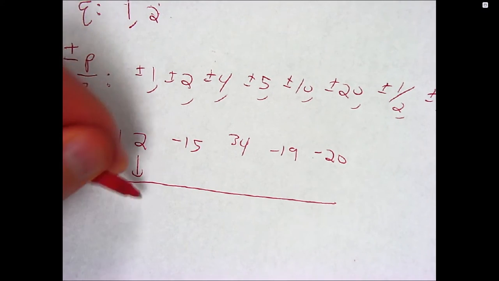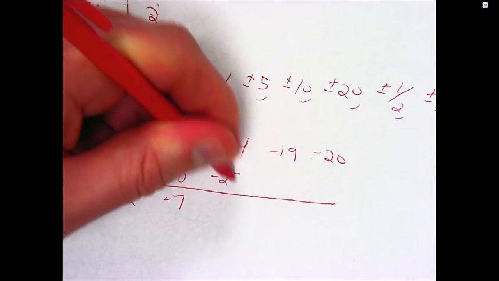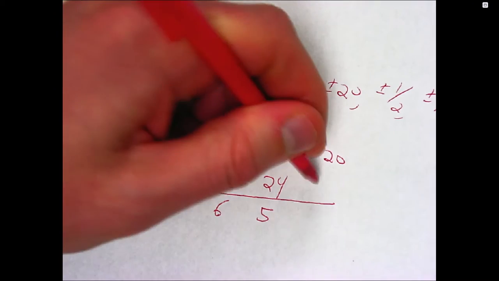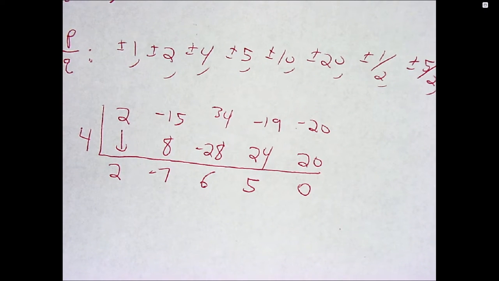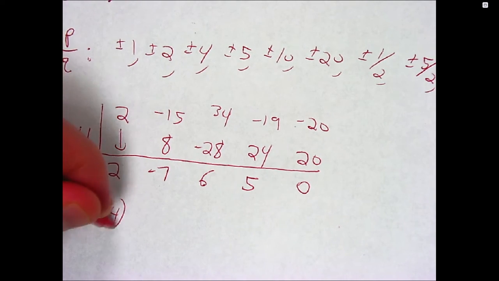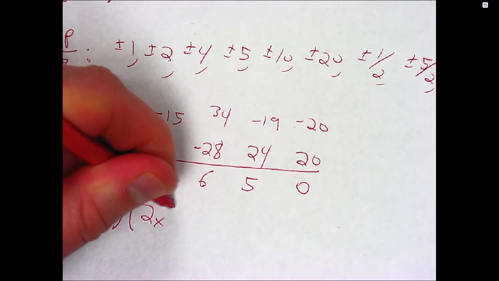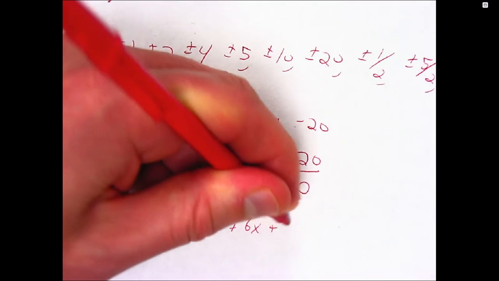Then I bring down the 2, multiply, add, multiply, add, multiply, add, and I'm feeling good because at the end I get remainder 0. That means I have successfully factored my polynomial. So x minus 4 is one factor, and this gives me my other factor, the quotient: 2x cubed minus 7x squared plus 6x plus 5.